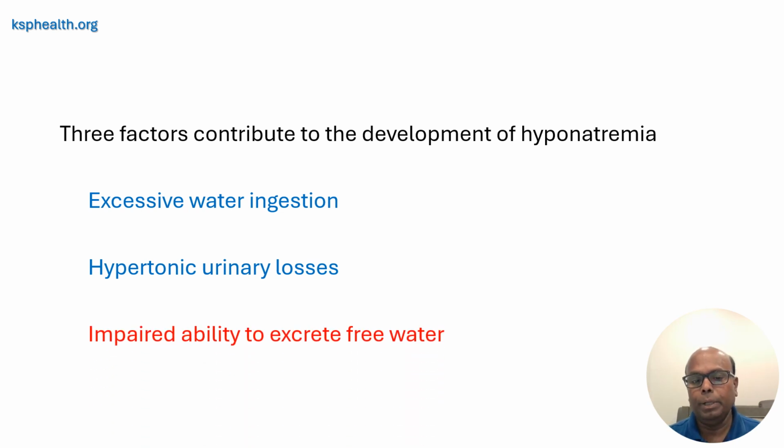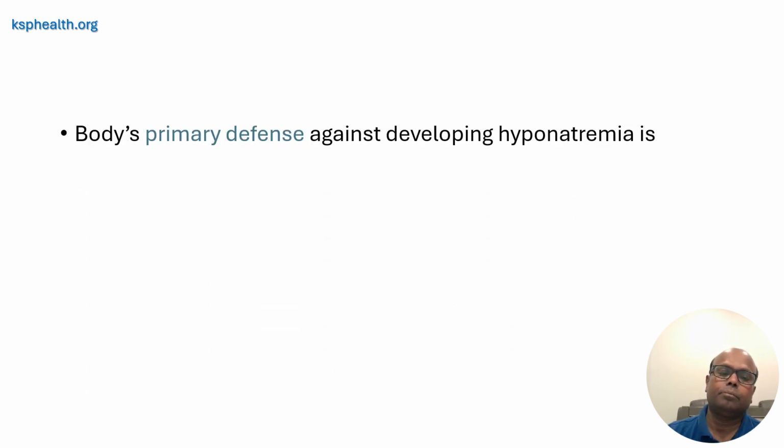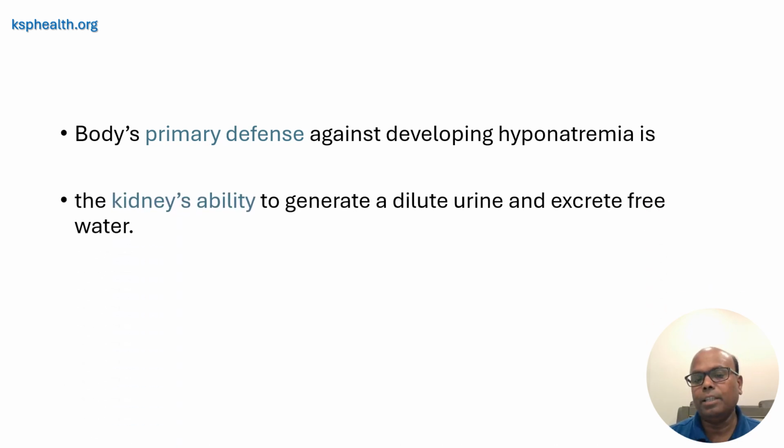Third, impaired ability to excrete free water, in other words, retention of water. The body's primary defense against developing hyponatremia is the kidney's ability to generate dilute urine and excrete free water. When that is impaired, retention of water happens, which causes hyponatremia.